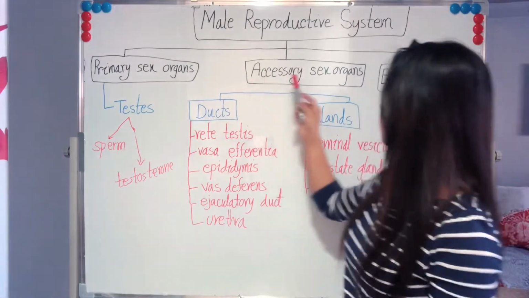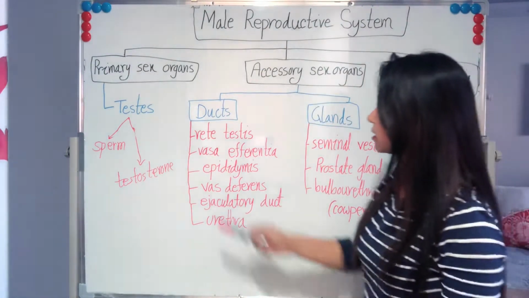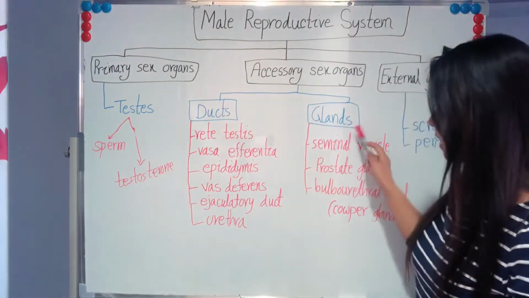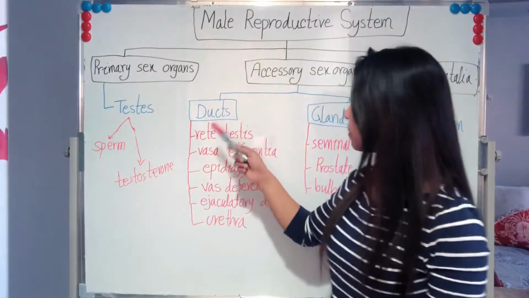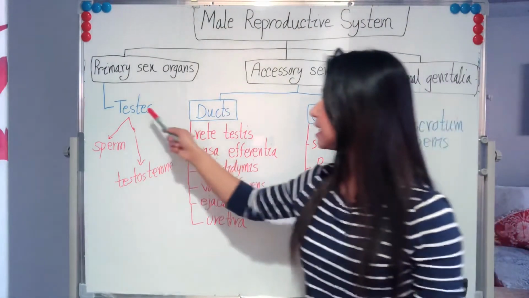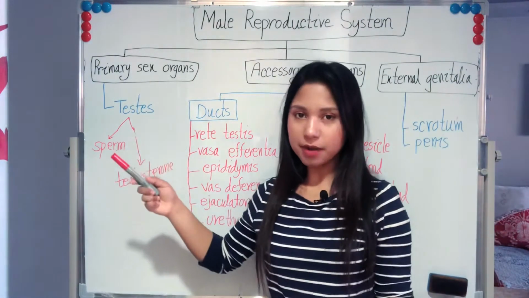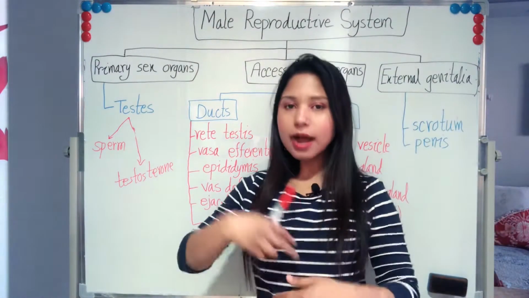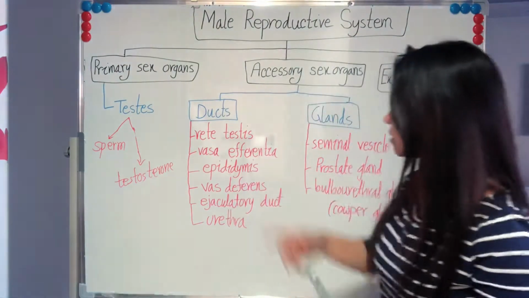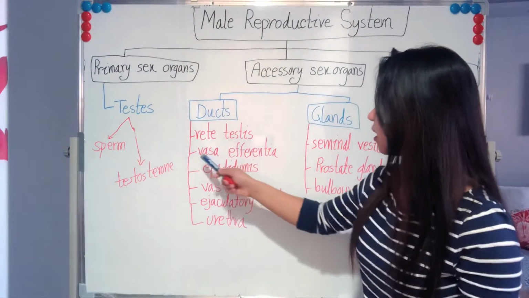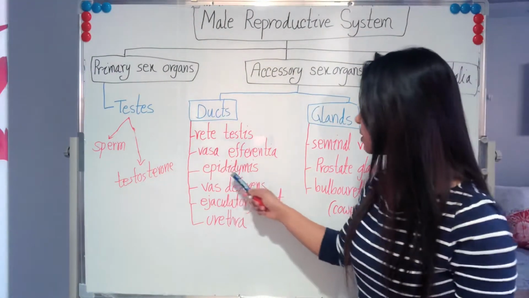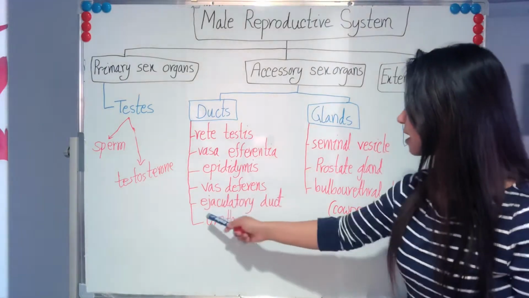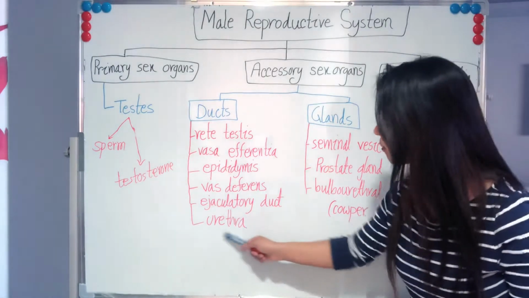Then accessory sex organs. Accessory sex organs are ducts and glands. Why do we need a duct system? Because testes produce sperm, and through this duct system sperm go out of the male body. So ducts are rete testis, vasa efferentia, epididymis, vas deferens, ejaculatory duct and urethra.